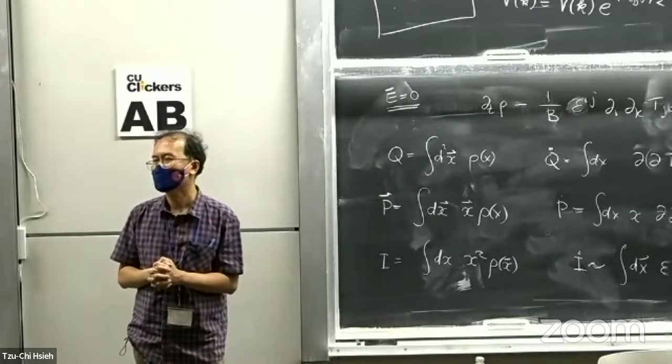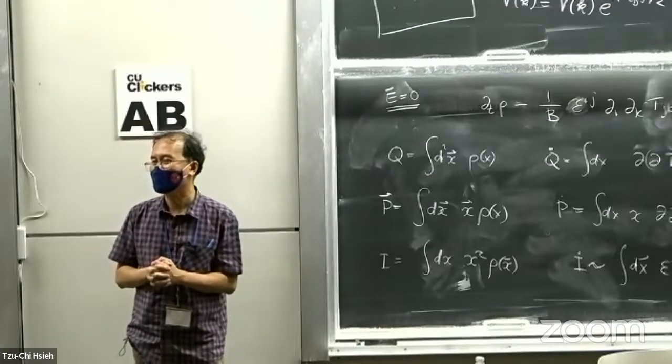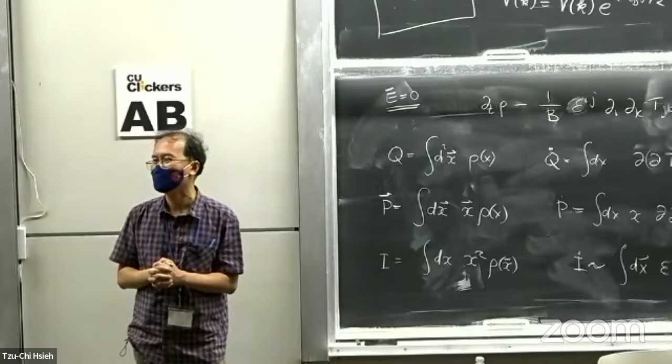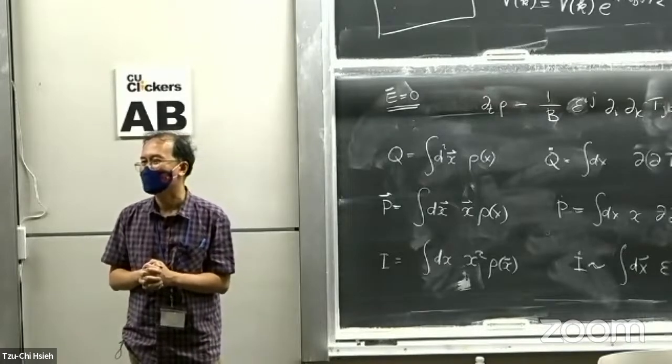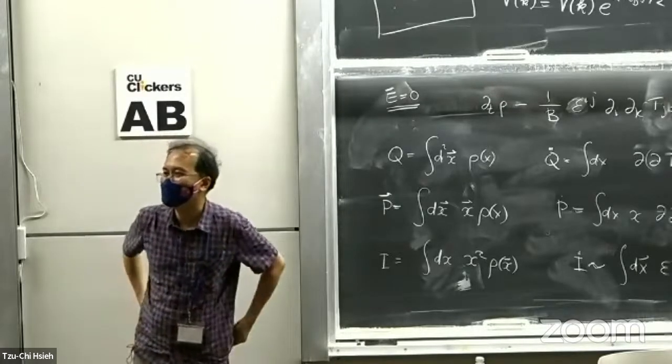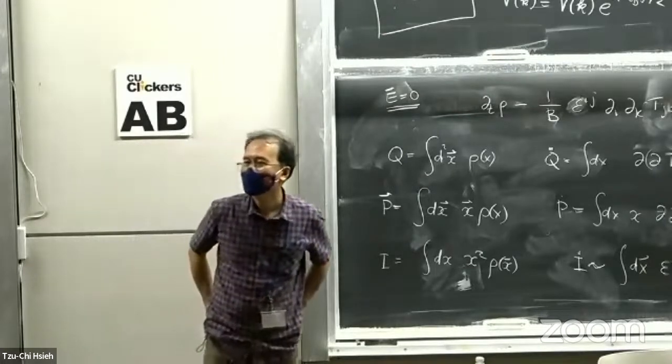But in your theory, you don't see a dipole? It's not that I don't see a dipole, I put in the dipole. We have to put it in as an extra term in the Lagrangian.